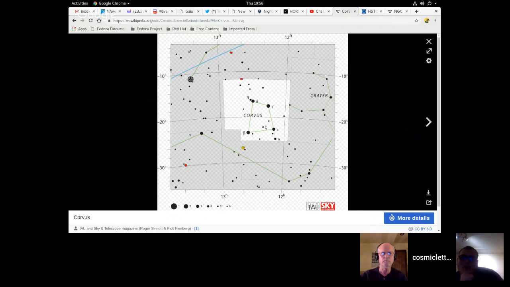Yeah, so relatively close to Spica. Pretty easy to pick out because there just aren't a lot of brighter stars around there. And I think right now Corvus is up in the morning. So if you're a morning person, you can poke your head out and see if you can see that guy.